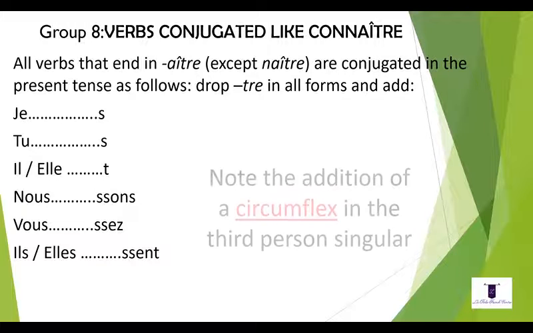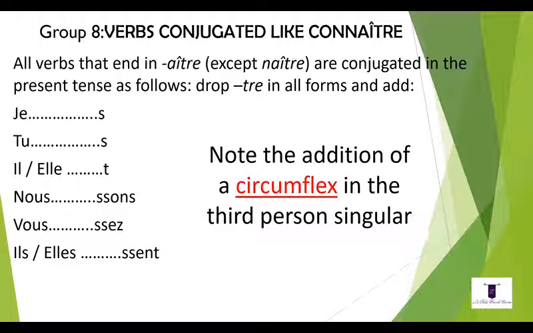So let's look at one verb, for example, but please remember the accent circumflex. That is like a heart on top of the I in the verb itself. Connaître, you can see accent circumflex, like a heart on top of the I. And know that this accent circumflex will come back at the third person singular.